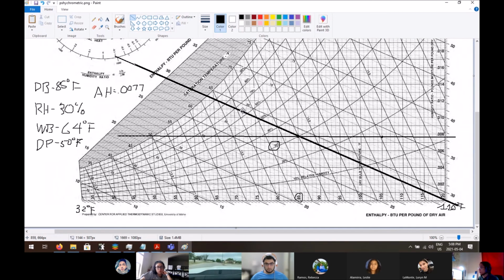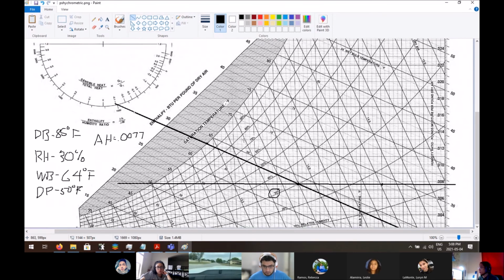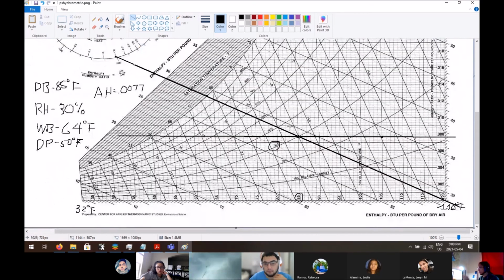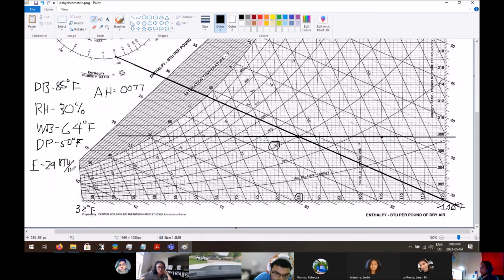It takes relatively the same line that wet bulb temperature takes, just slightly off. So it just goes over here. That's around 29, so your enthalpy is 29 BTU per pound of dry air.